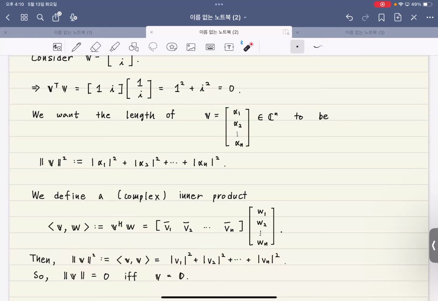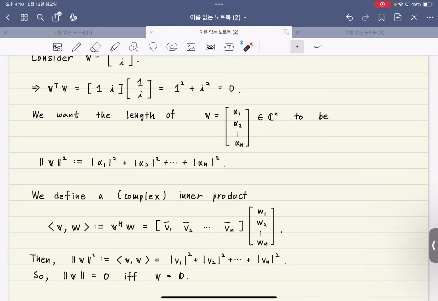So this is going to be my new inner product. But if you're paying attention to my lecture, this is not a completely different inner product. Actually, this notion of inner product generalizes our notion of inner product for real vectors. So this is not a new definition, but a generalization of the inner product in the world of real vectors.